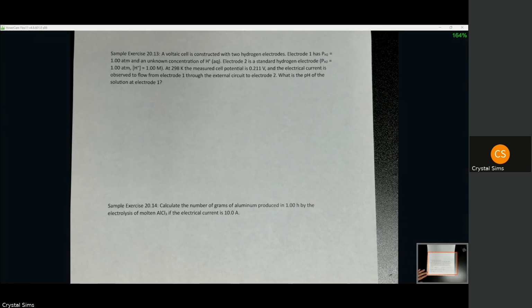Sample exercise 20.13 also asks us to calculate pH. But this one is a little different. We're going to have to jump through a few more hoops to determine this. They tell us that we have a voltaic cell constructed with 2 hydrogen electrodes. Electrode 1 has a partial pressure of hydrogen of 1.00 atmospheres and an unknown concentration of hydrogen ions.